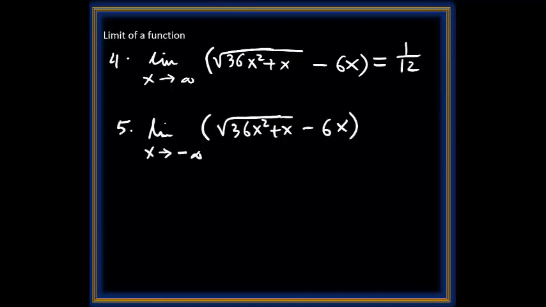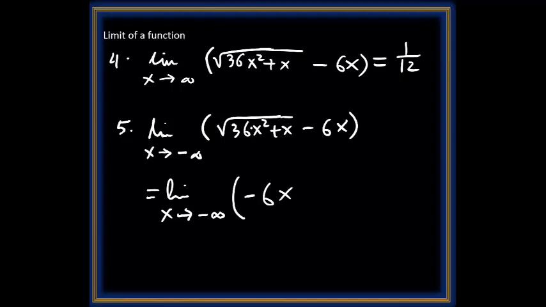Now we are in problem number 5. Same question, but in this case x approaches negative infinity. So first let us check what happens. When x approaches negative infinity, this whole quantity will give me simply negative 6x.